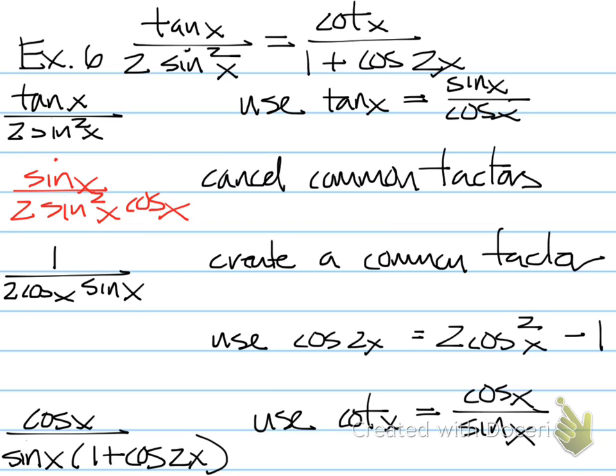And then to get that statement in the fourth line, we're going to create a common factor in that third statement. We're going to multiply the numerator and denominator by cosine. That will yield cosine x over 2 cosine squared sine squared, or sine cosine squared.